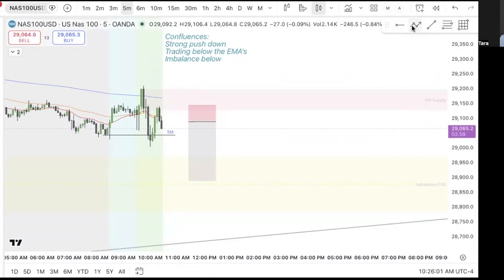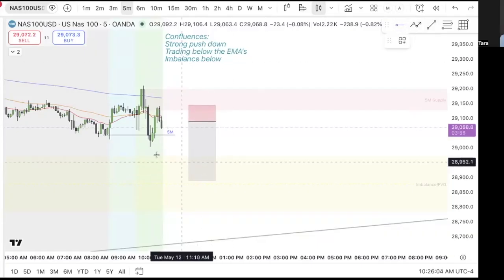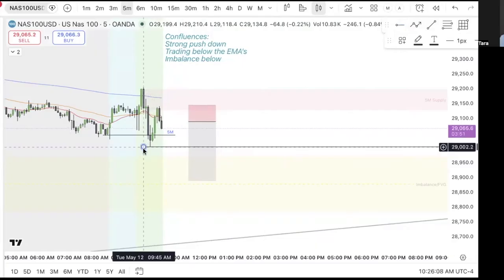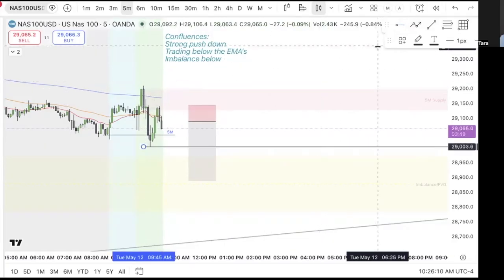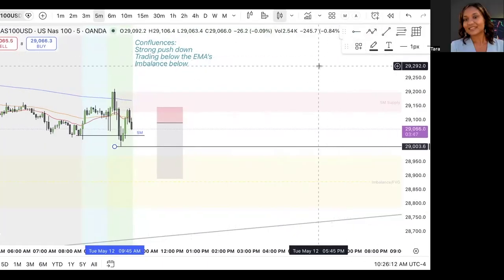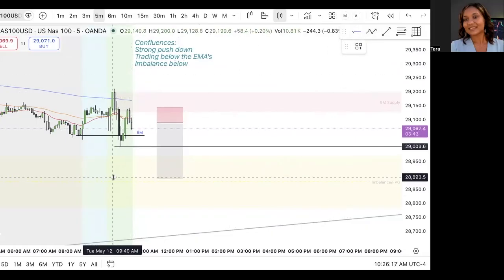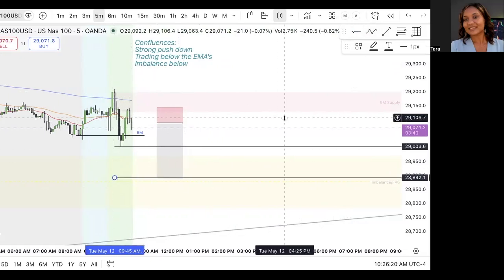Our first take profit could be here. And our next one, our last one, could be here if we have 2 contracts.